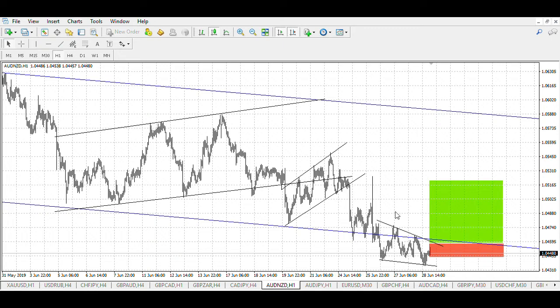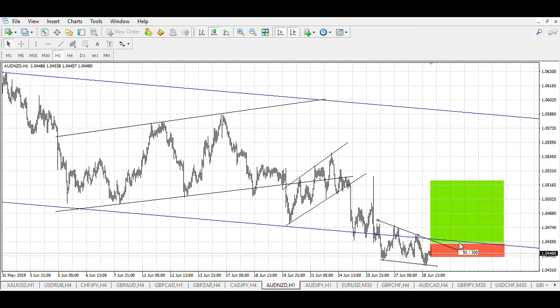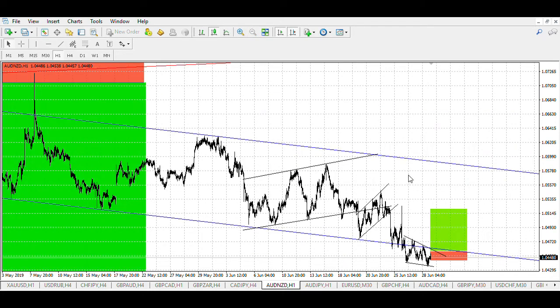The next pair, AUDNZD. AUDNZD, we have a wedge over here. If you remember last week, we drew this ascending channel towards the resistance, then price fell down, consolidated, fell down again. So we're having a falling wedge over this area.